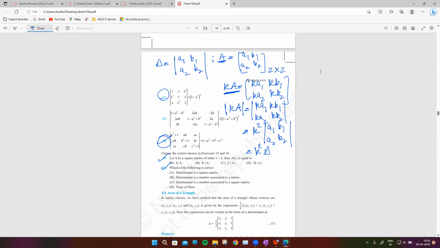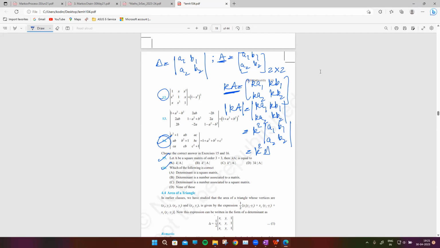So every time there will be a square matrix, and when we multiply that matrix with a constant, we got this Ka1, Kb1, Ka2, Kb2. Now, when we change this matrix to a determinant, the rule of taking common changes. In case of a matrix, we multiply each and every element with a constant. But in case of a determinant, we can take common from either a row or a column.